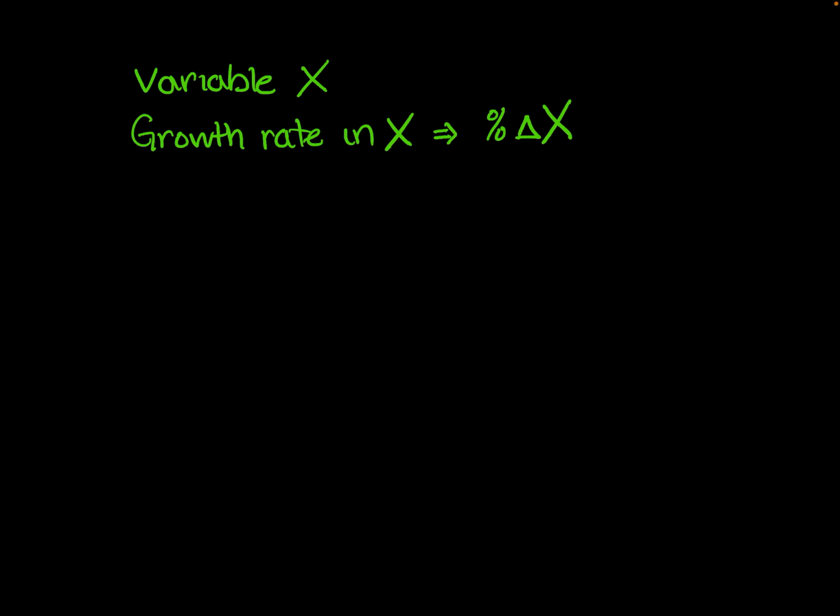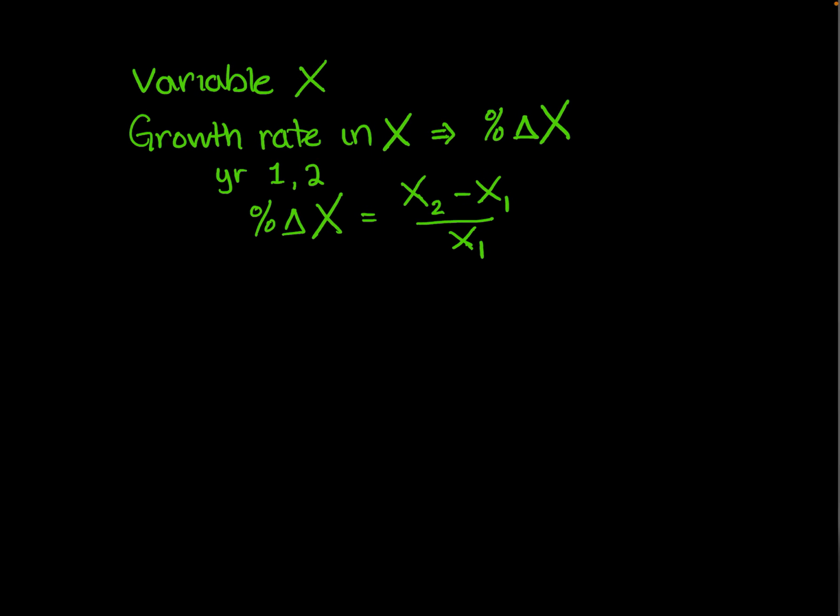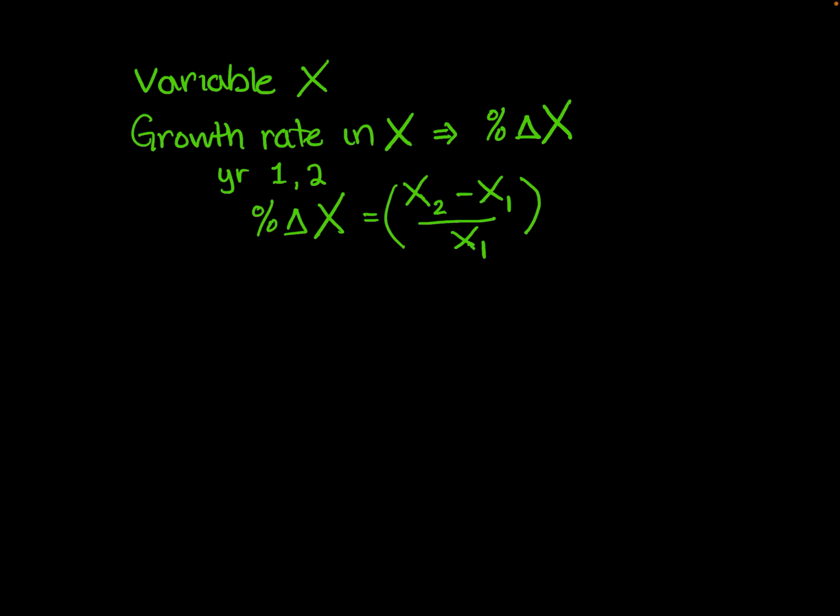So that necessarily means we have at least 2 time periods worth of data. So we'll consider, say, year 1 and year 2. And so conventionally, the percentage change in x is defined in macroeconomic contexts as x2 minus x1, the value in the second year subtracted by the value in the first year, divided by the value in the first year, and then we multiply by 100 to express it as a percentage.